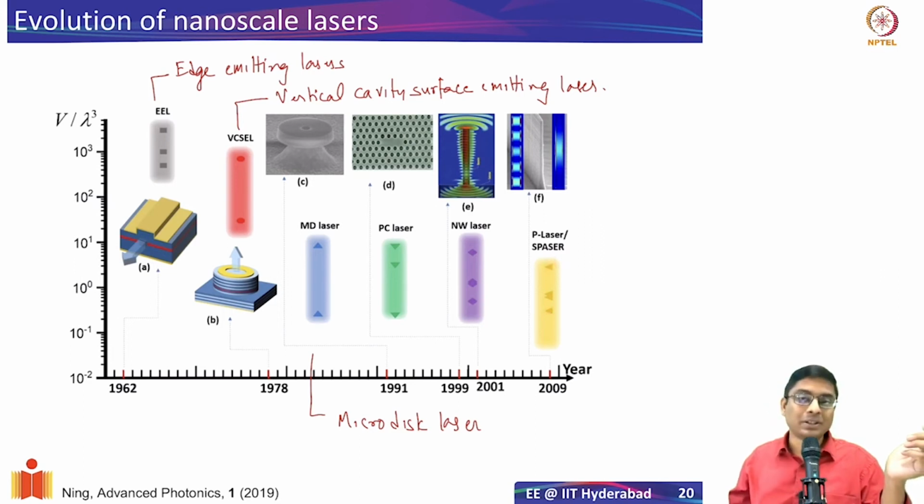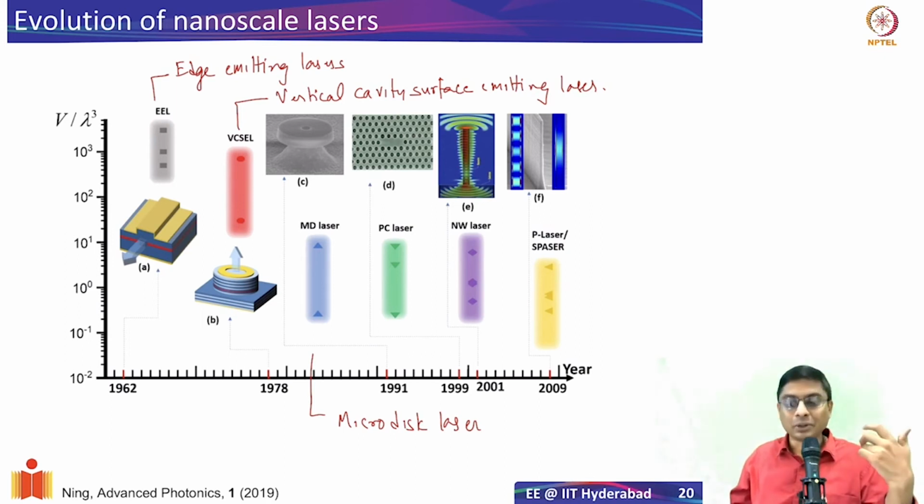But in principle, we already know that if you have a plasmonic nanostructure, we can confine light much below the diffraction limit. Right? We know that the K vector for the SPP, surface plasmon polariton, or even surface plasmon, is much greater than the wave vector for free space. So because of that, you can confine light in much smaller dimensions.